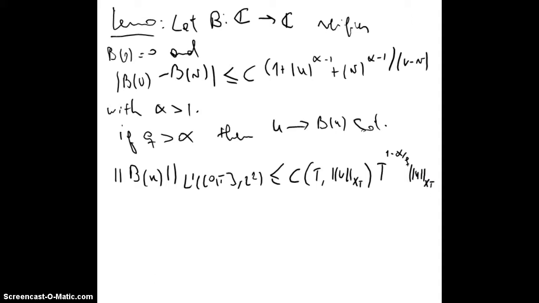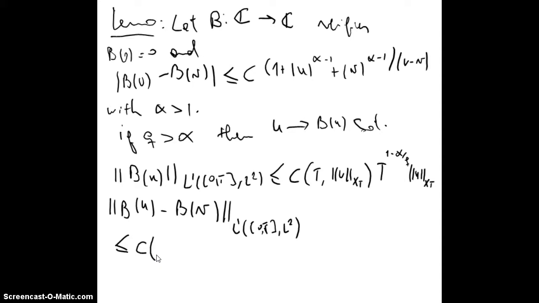Okay, and also the difference b(u) minus b(v), again in L^1(0,t) of L2, will be less than or equal to, then again a constant, but this time depending on the norms of u and v in X_t, multiplied by t^{1 - α/q} the norm of u minus v in X_t.